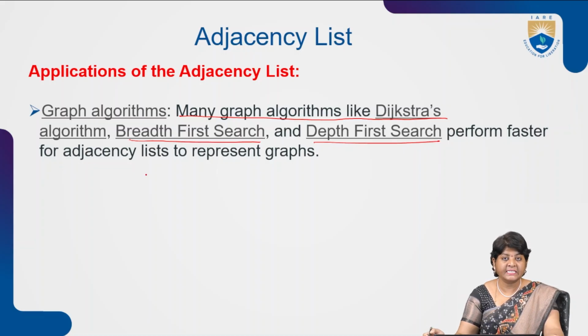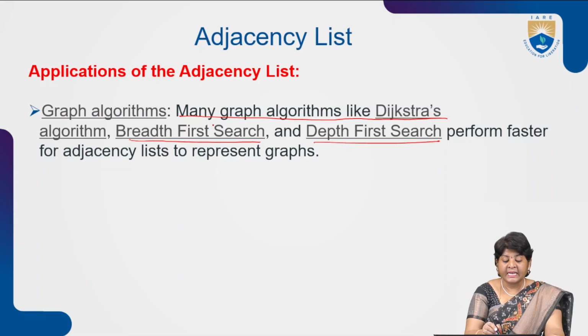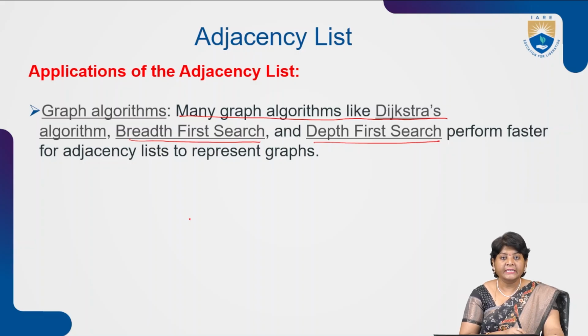For these graph algorithms, the adjacency list will be the input to find the shortest path, where it will show the connected neighbor vertices, so that we can easily traverse from one vertex to another based on their weights, and then we can find the shortest path.